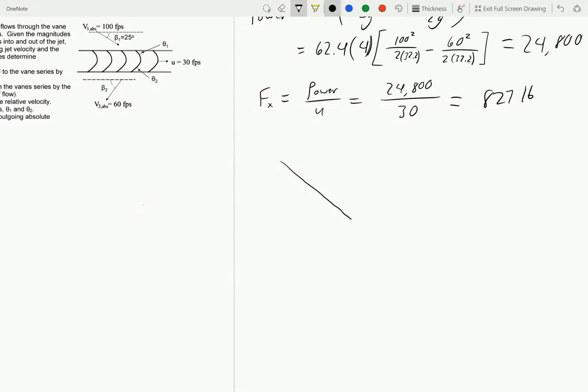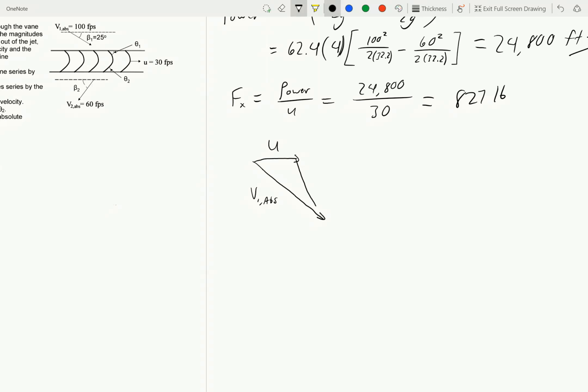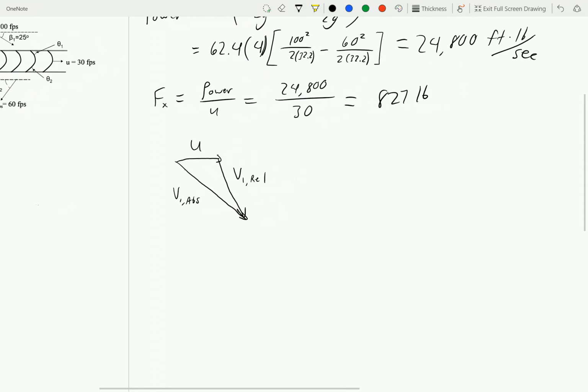So we have this arrow, which is v1 absolute. Then we have u, which is in the positive x direction, straight right, and the line that connects these two is v1 relative. This is a poorly drawn triangle, but you understand the concept.